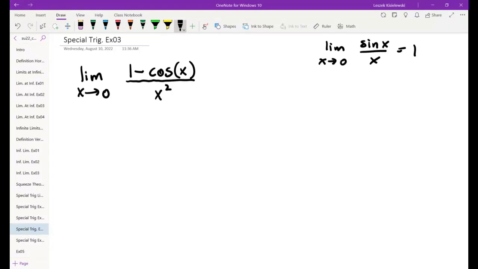So what can we do so that we can use our special trig limit? What can we do to the top and bottom of this function? Any ideas? Multiply by sine of x? Yeah, we could do that.